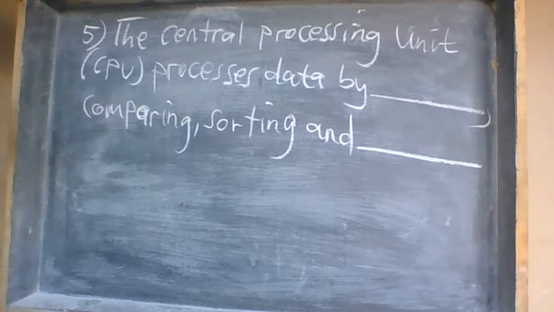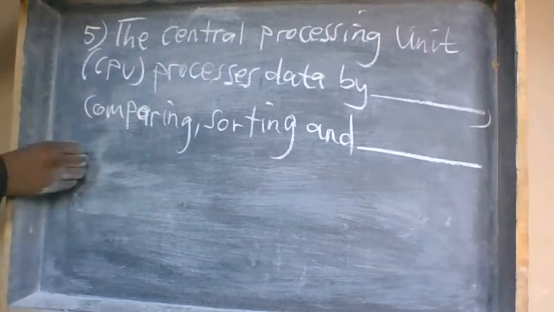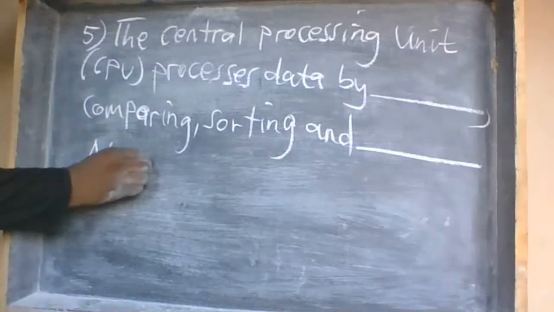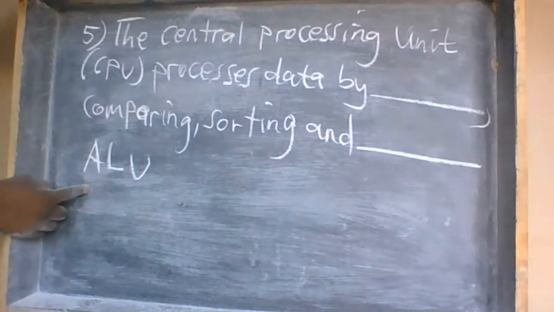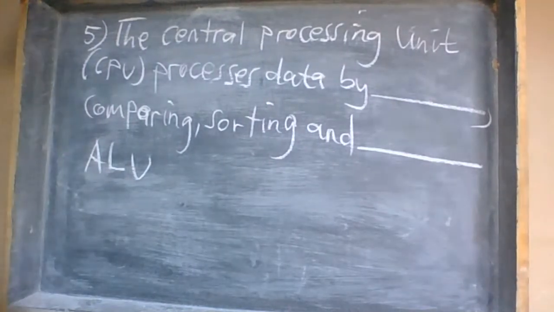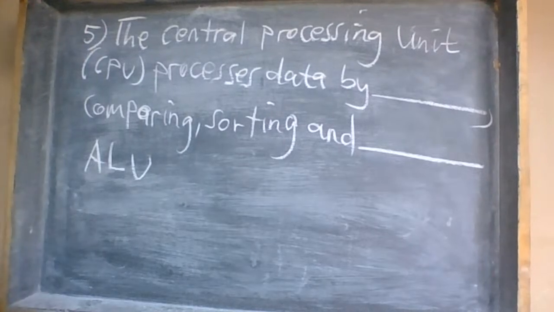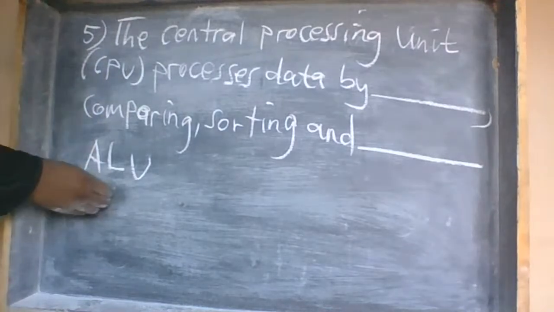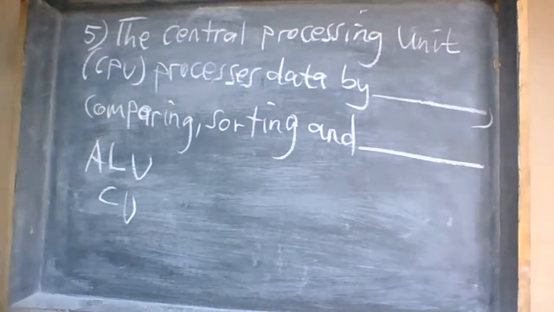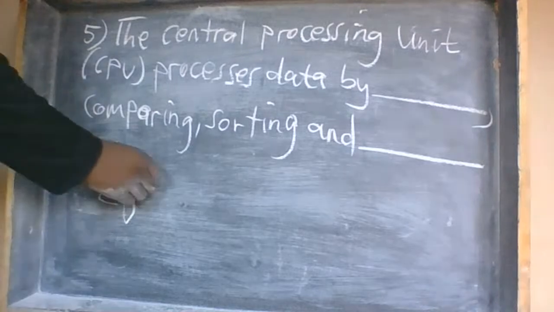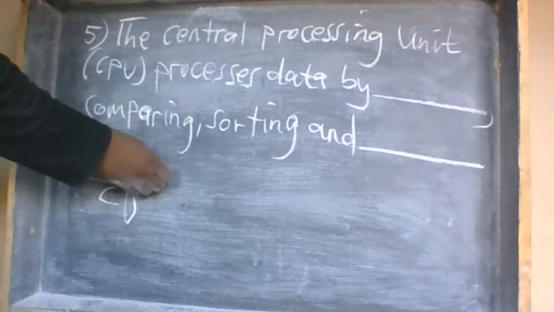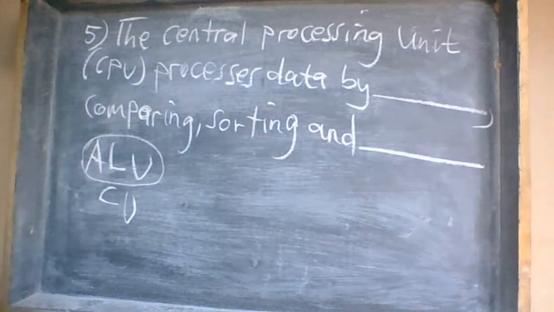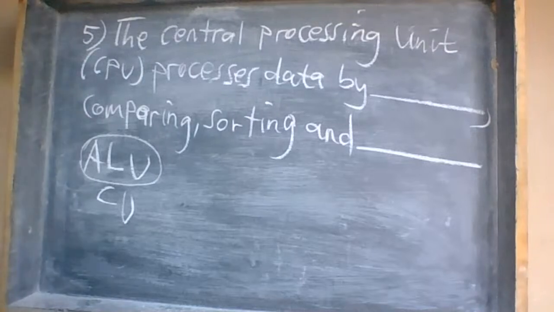In this case, that arrow is the shortcut for arithmetic logic unit. The arithmetic logic unit is a unit inside the central processing unit together with the control unit. This is the major unit responsible for the actual calculations, or actual processing.